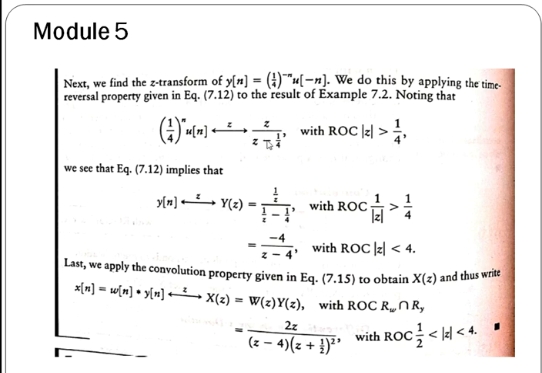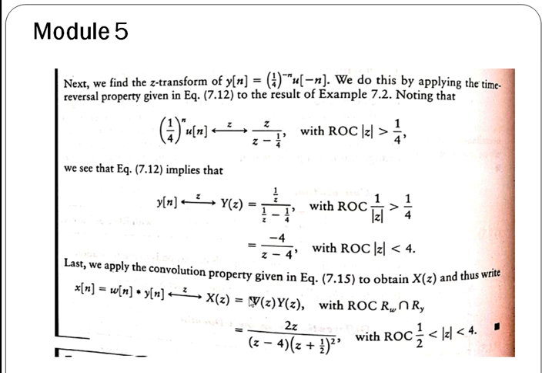When we write z as 1 by z and substitute in this equation, we get this kind of equation, which gives us minus of 4 z minus 4. We wrote the earlier one with a condition that it is a right-handed sequence, so z is greater than 1 by 4, and when we put 1 by z, it becomes z less than 4. Now convolution is nothing but multiplication in the z domain.